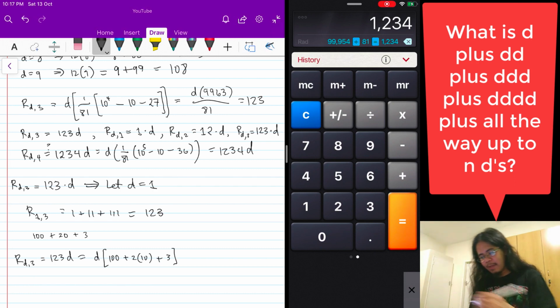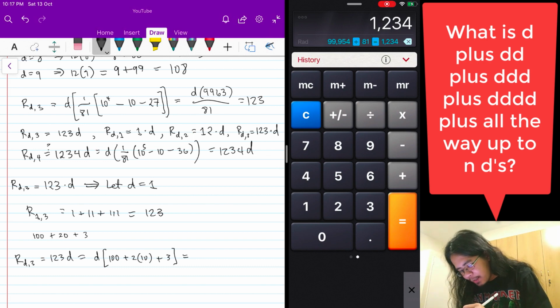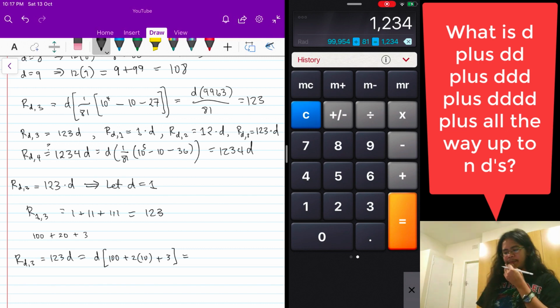So that means when n is equal to 3, let me see if I got this correctly: 100 plus 20 plus 3. So why does it work?